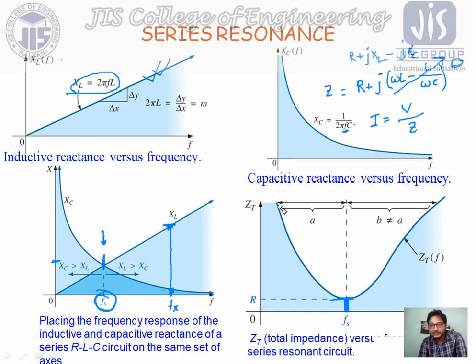Now one thing is clear: if at the resonance condition the impedance Z is minimum, then what will be I at resonance?